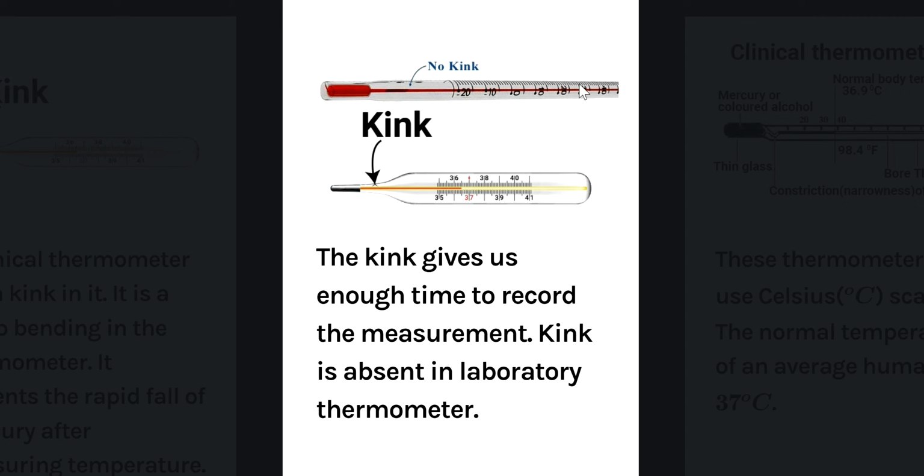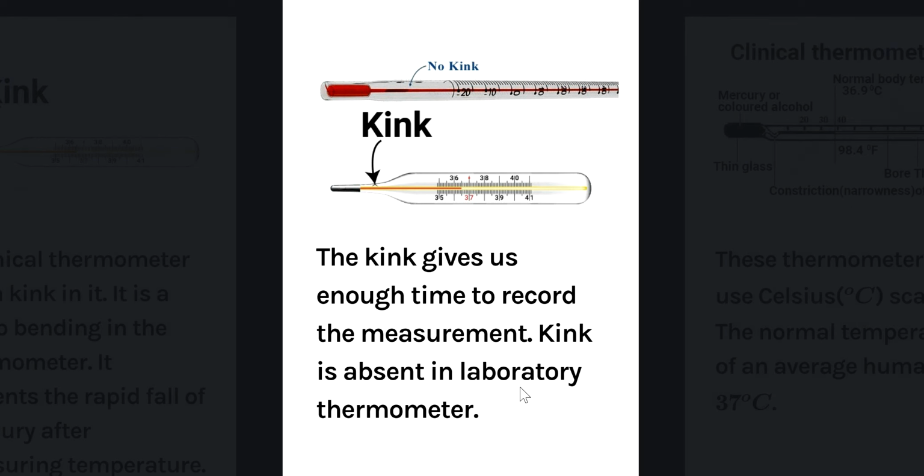The laboratory thermometer does not have any kink or constriction to stop the liquid, whereas the clinical thermometer has a kink in it. The kink gives enough time to record the measurement. Kink is absent in the laboratory thermometer. We will discuss this in detail in the next video lectures.